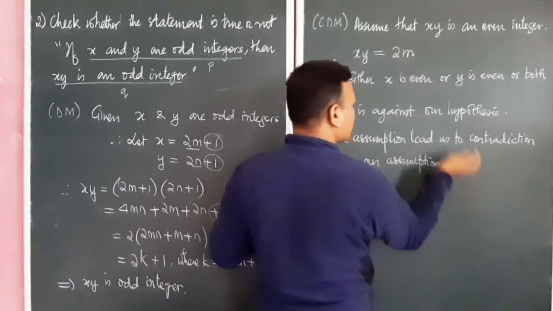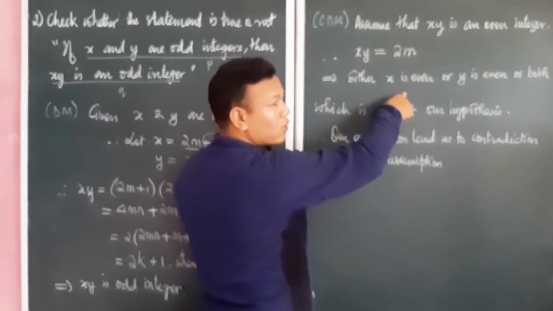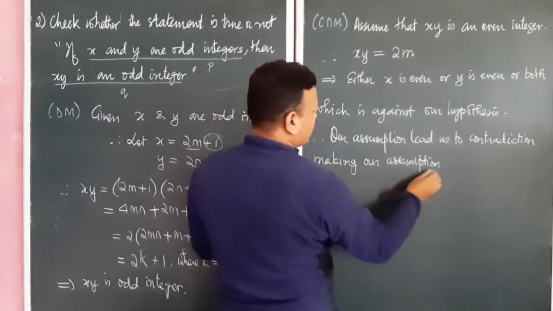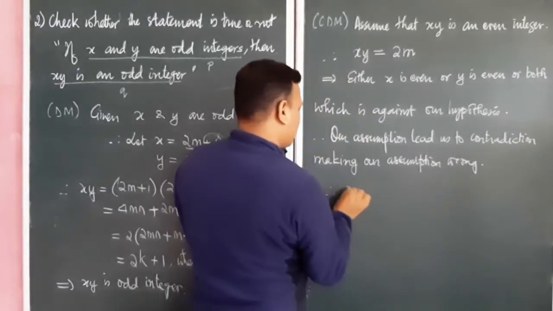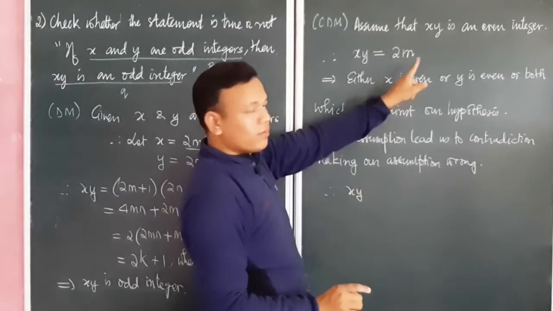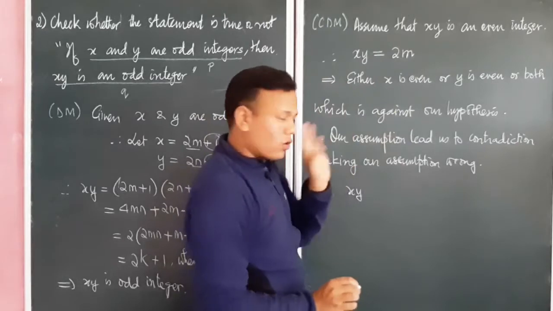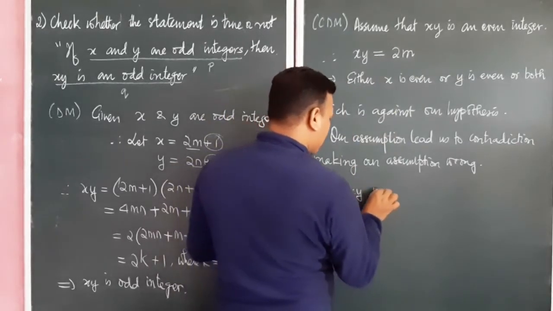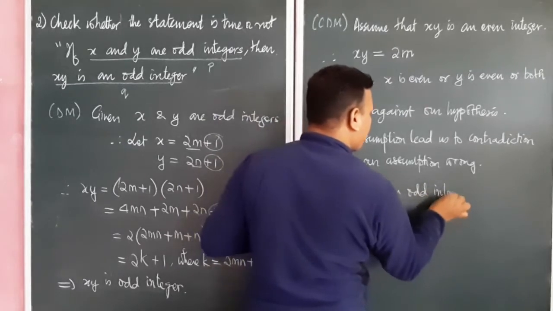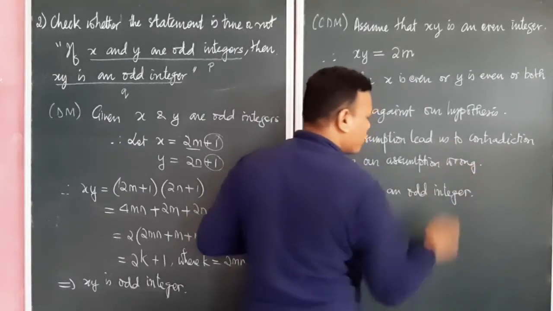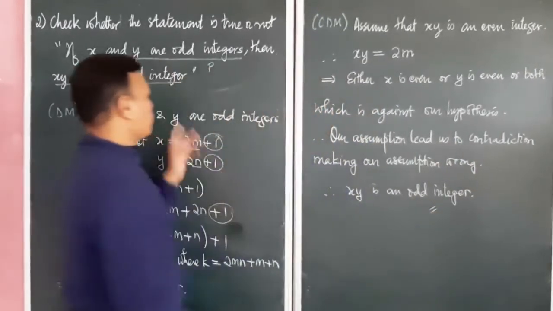Our assumption was wrong, so that's why we came to the contradiction, making our assumption wrong. So therefore xy cannot be even, xy has to be an odd integer itself. So xy is an odd integer. Alright, so that's what we need to prove here.